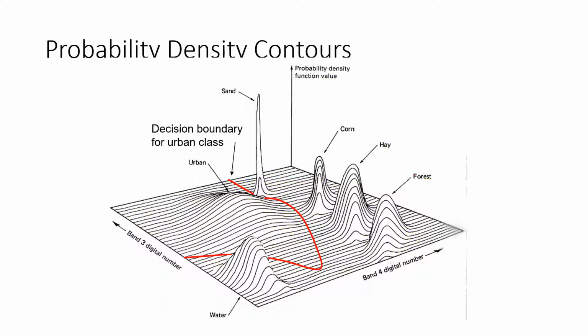The areas where we don't see a lot of that, it becomes very flat, and so we can then draw lines around the flat places between the peaks, and that helps us create the boundaries of what becomes the urban or what becomes corn or water.